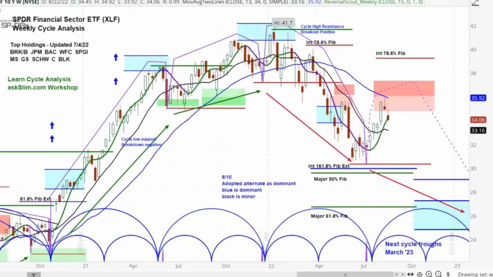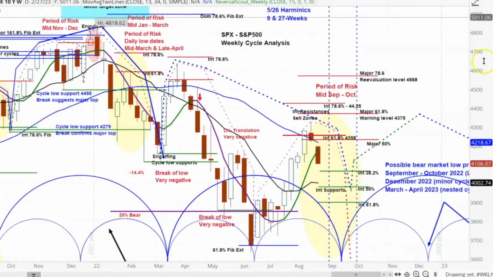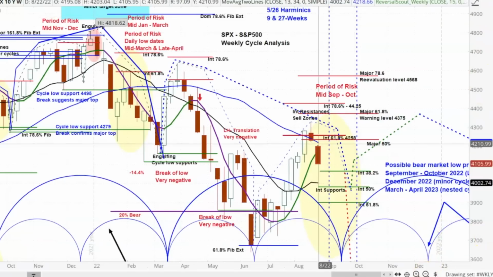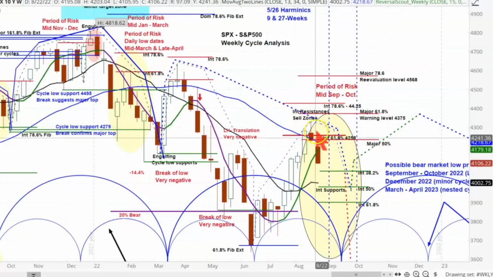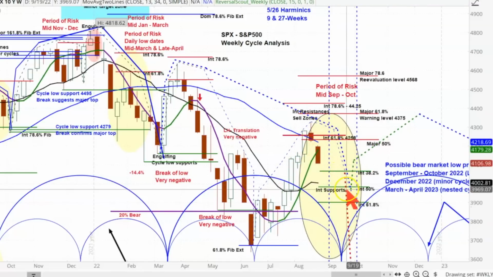So now let's leave the XLF and go to the S&P 500, SPX. And we'll see in here that what we have looked at was the probability that there would be a failure in these resistance areas right over here, even though it rallied over 17% and then have a decline.